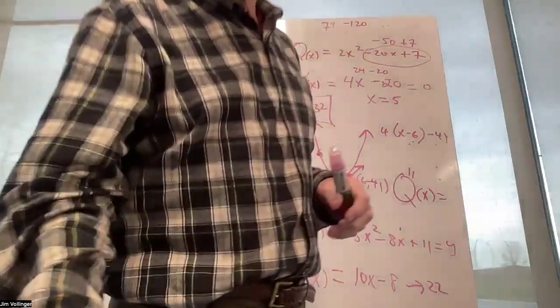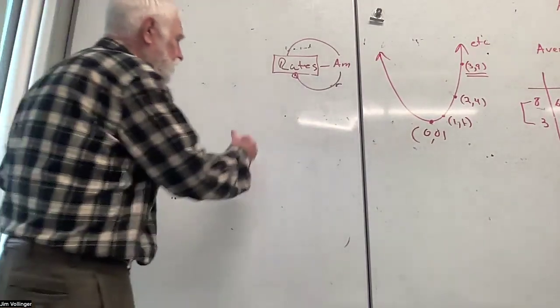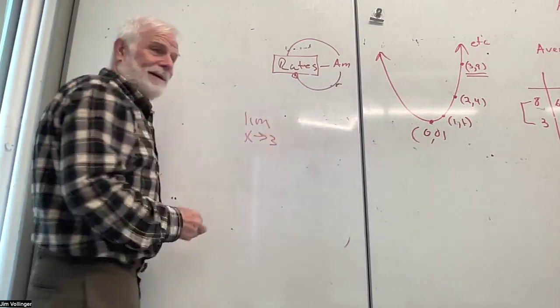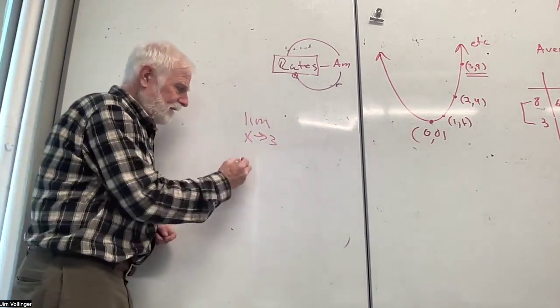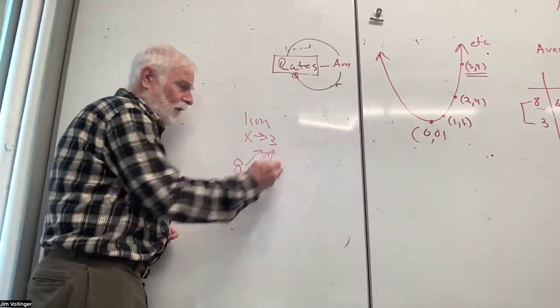And last thing I'll do is talk about the process that we actually did, since it is linked to something that we've been looking at. So let's look at the limit as x goes to 3. I went to 3 from 8 to 7 to 6, so on and so forth.